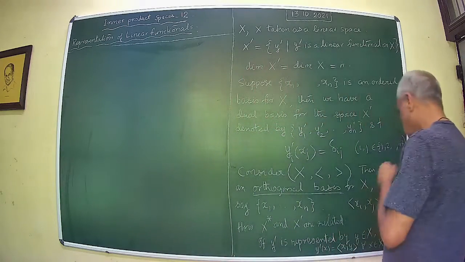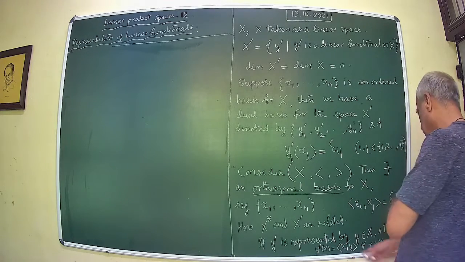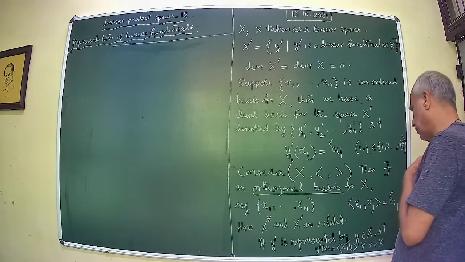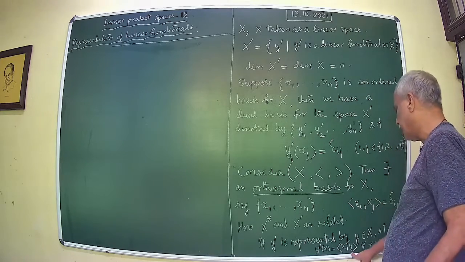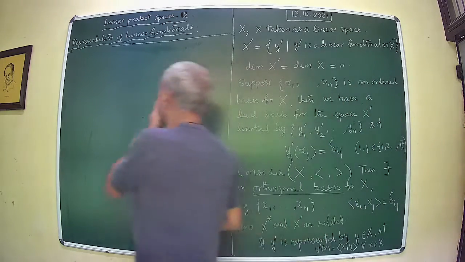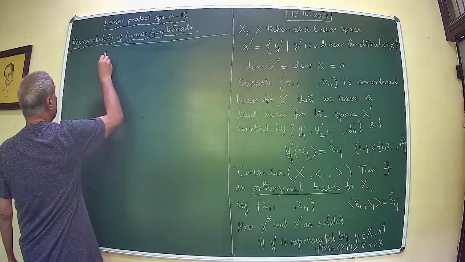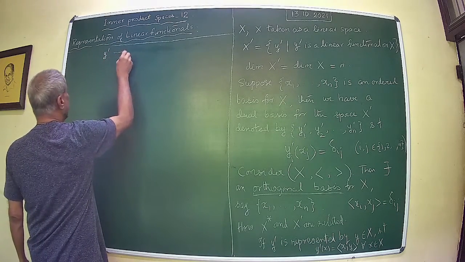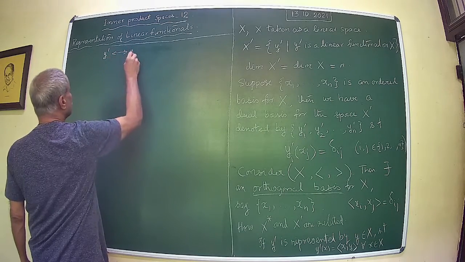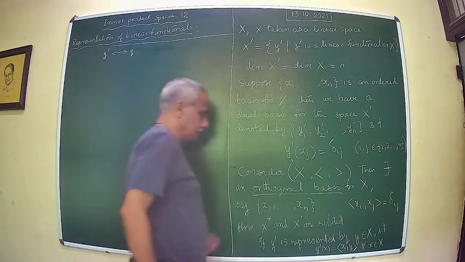Okay. So you have y prime of x defined as the inner product of x with y. That's how y is fixed. So you have y prime identified with y. Okay.